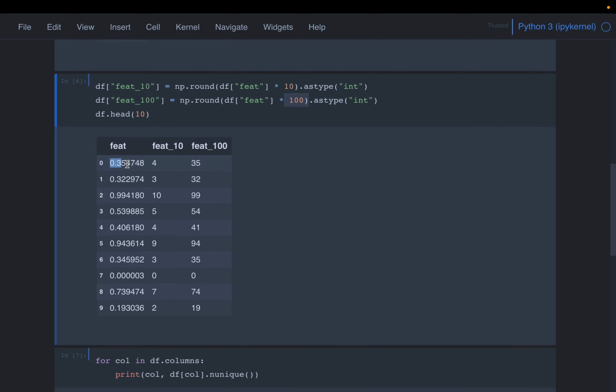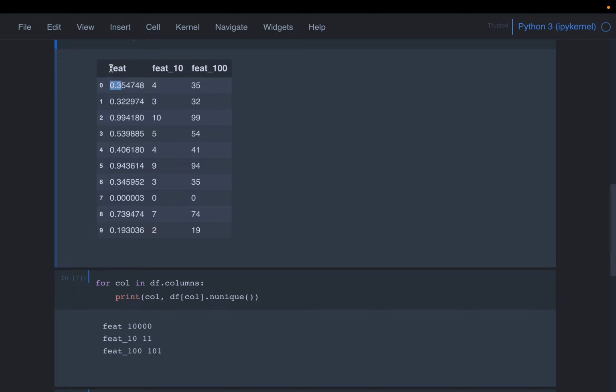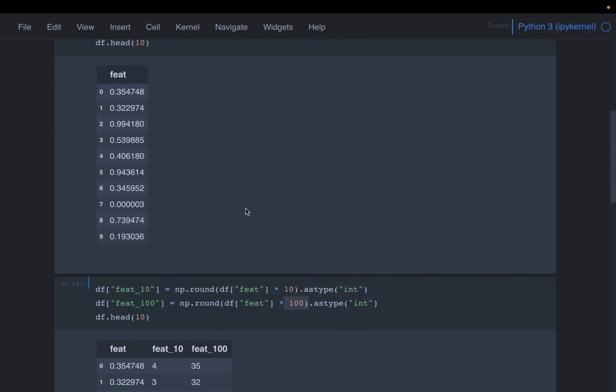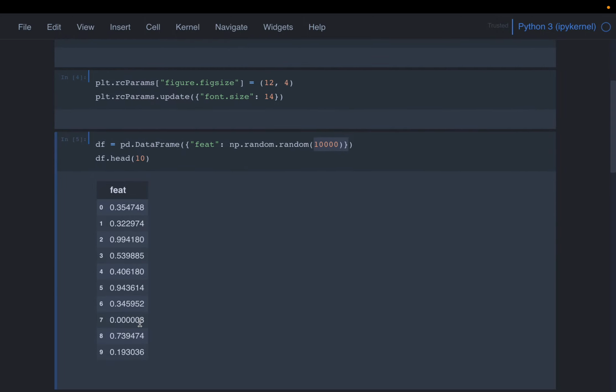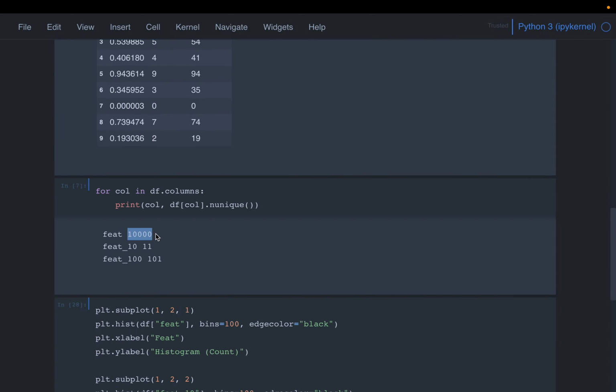Okay, so that's all. We have this very continuous variable. We multiplied either by 10 or 100 and then we rounded it. Now, if you look at the number of distinct values in each of these 3 features, the first one has 10,000, right? The total number of data points we have is 10,000, and each value is unique, so we have all 10,000 distinct.